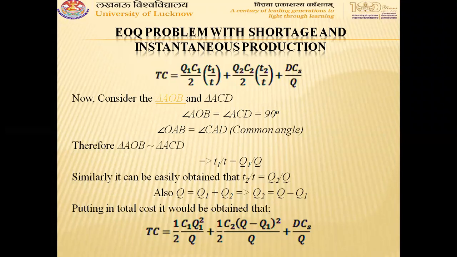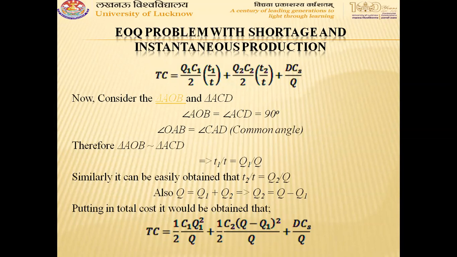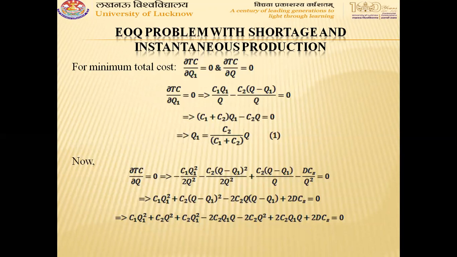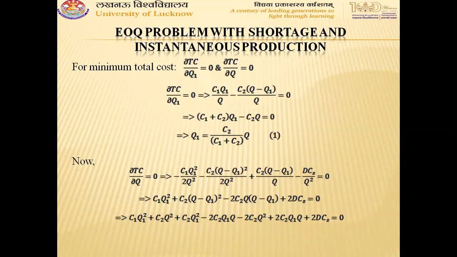So total cost will become half C1 Q1 square upon Q plus half C2 Q minus Q1 whole square upon Q plus DCS upon Q. Now for minimizing this total cost, we will use the condition that partial differentiation of total cost with respect to Q1 and partial differentiation of total cost with respect to Q, both will be equal to 0.